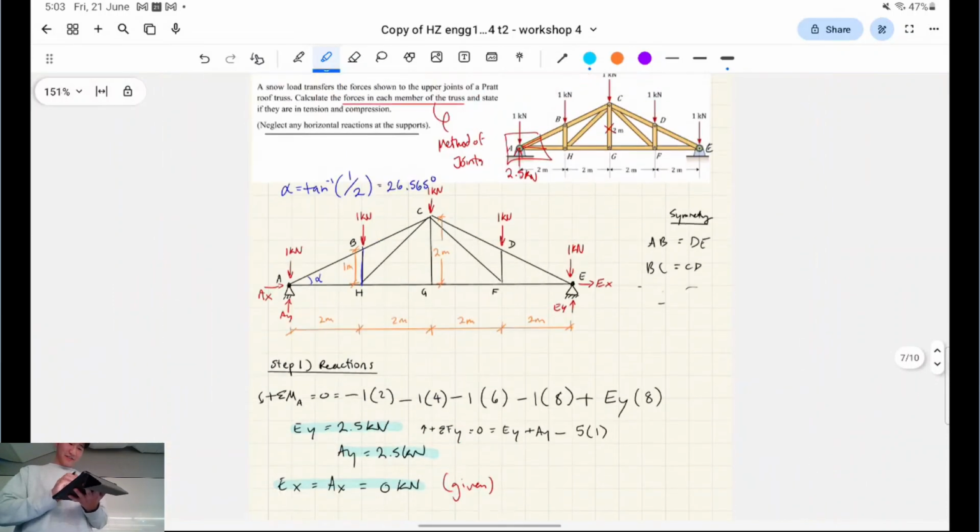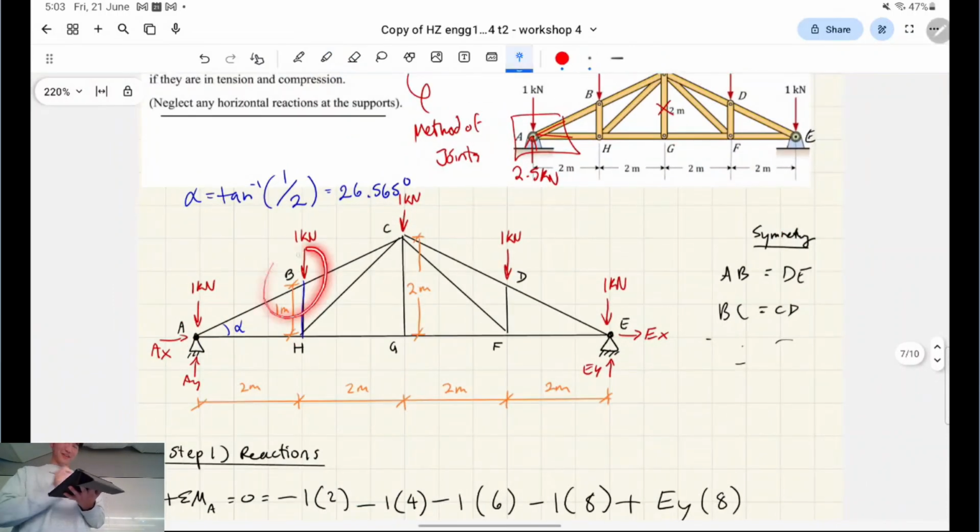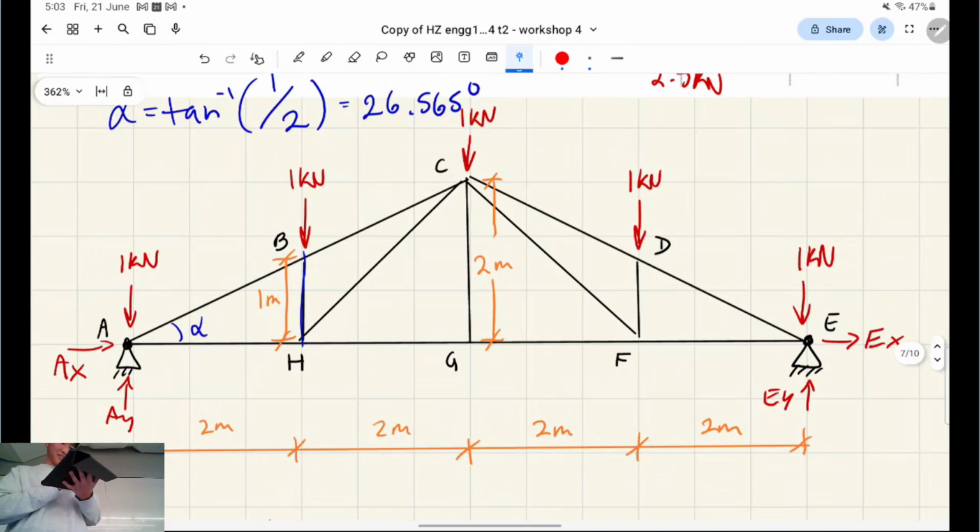Next, let's have a look at it again. We're at joint B. So basically, when I say we work inwards, where would it make more sense to work inwards from? I know I already showed you which joint, but can anyone explain why I decided to go to B? We also found AH.